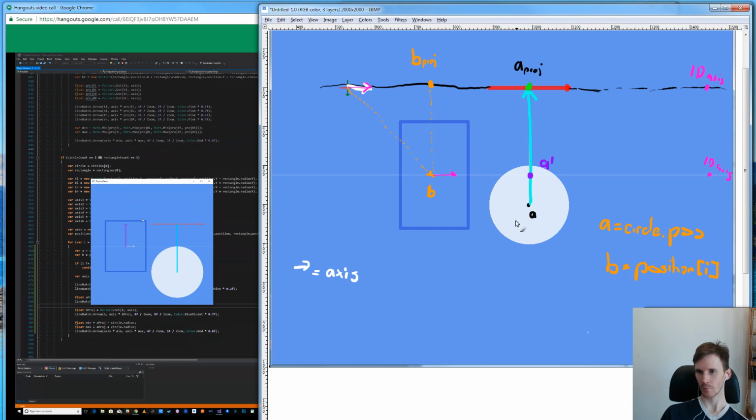Now, the thing about A prime is it is the same distance along this axis, this distance here. It's not a very good way of drawing that. A prime is the same distance there as B project is to A project.